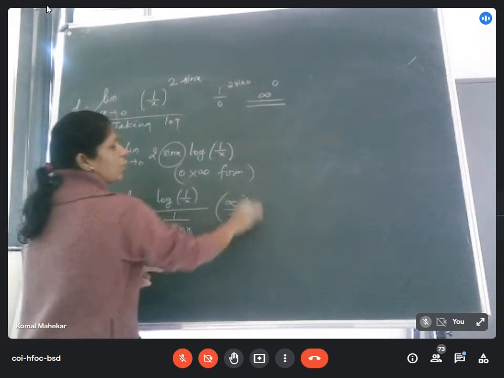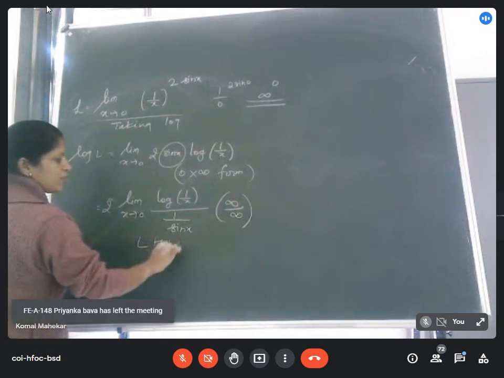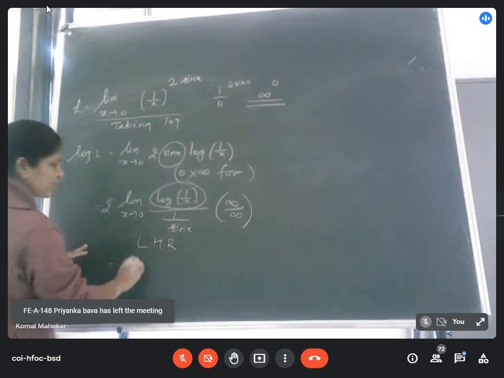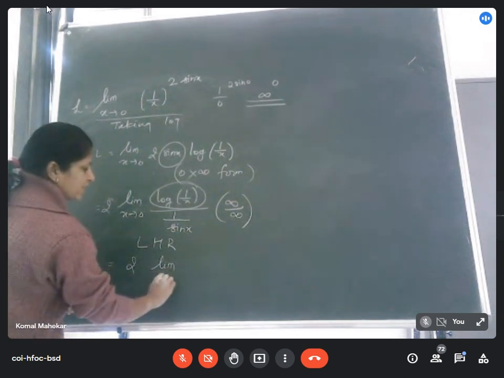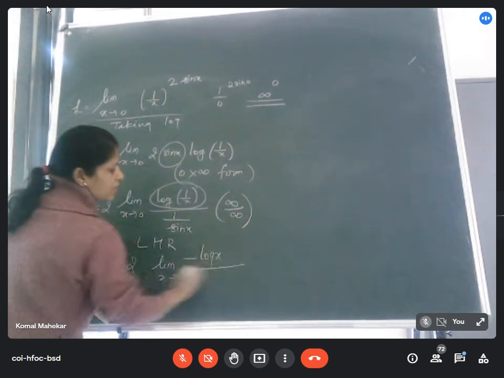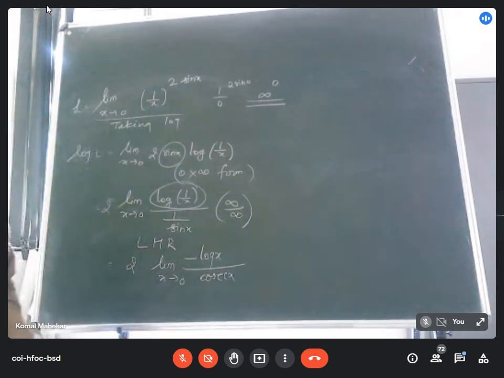So now the form is infinity by infinity, and now you can apply L'Hospital rule. For this log of 1 by x, what we can write? In the next step we write 2 limit x tends to 0, log of 1 by x is nothing but minus log of x divided by 1 by sin x, that is cosec x.